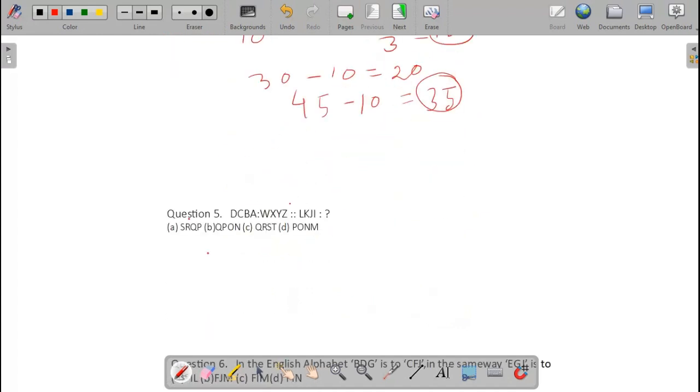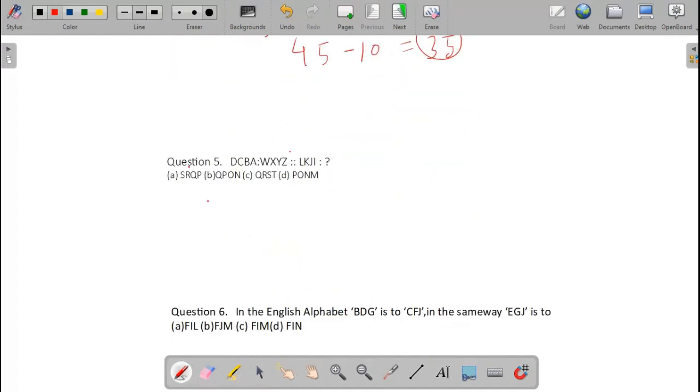Let's see the next one. Here all are alphabets. DCBA is to WXYZ. Then LKJI. Here we can see D, C, B, A. It is decreasing by one alphabet each time, minus 1.